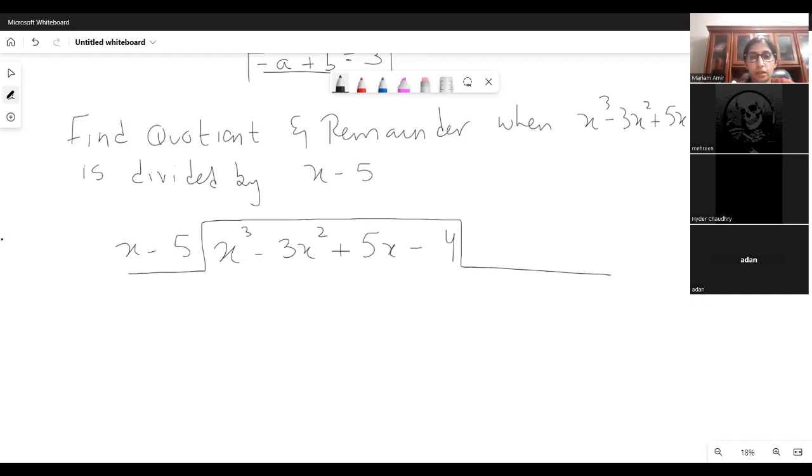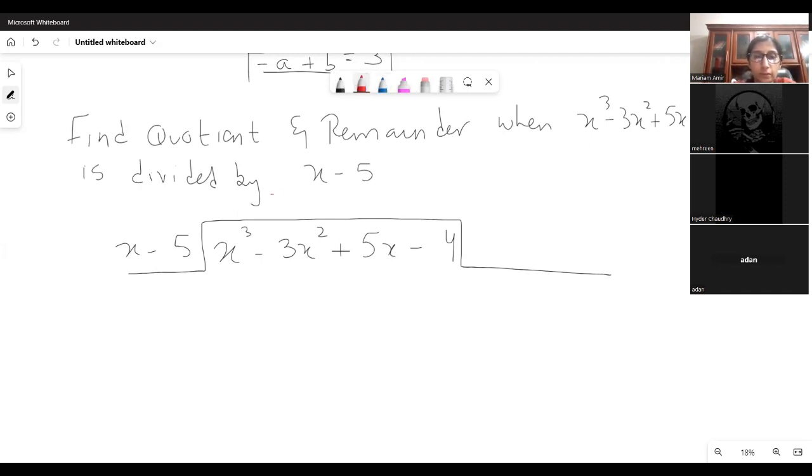All the expressions are in descending powers of x, so I don't need to write plus 0x or any zero with any power of x. But like I said earlier, keep a watch for that. It becomes necessary sometimes.